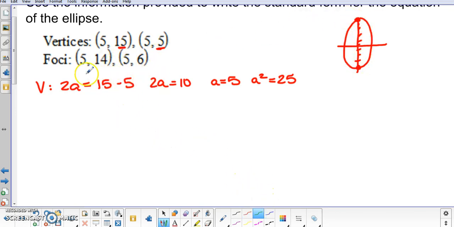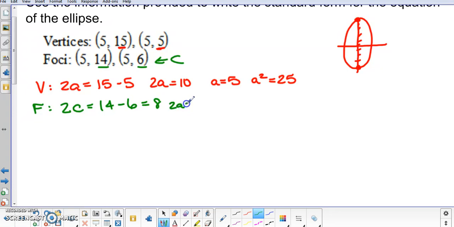All right, now here, I'm going to figure out how far apart I am from my foci. So that's going to get me to c, because remember, foci are always c. So I'm going to go from 14 to 6, and 14 minus 6 is going to get me 8.